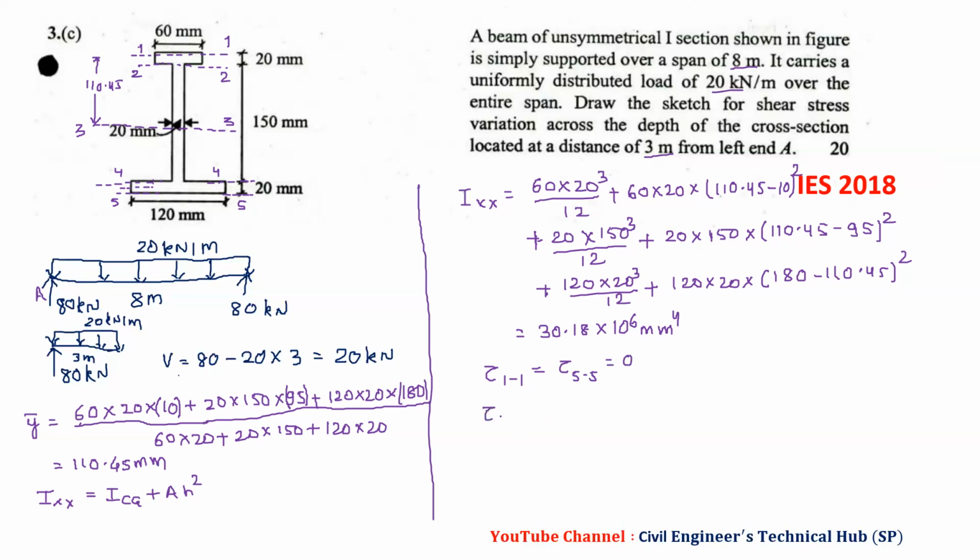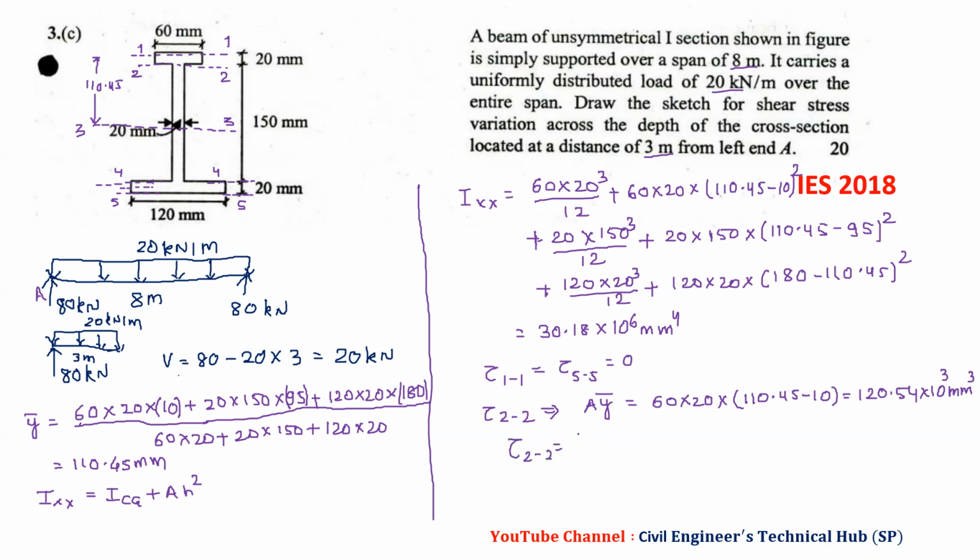Now we will find tau 2-2. We have to find A y bar. The area is 60 into 20, and y bar is its centroidal distance from the neutral axis, 110.45 minus 10. I got the value 120.54 into 10 raised to 3 millimeter cube. Then we can find tau 2-2.